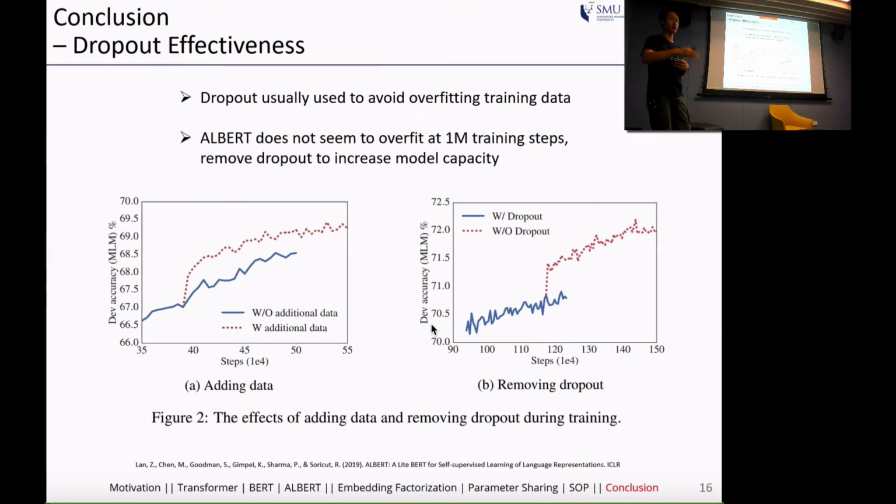So they remove Dropout and they continue training the model. The intuition is that since ALBERT is not overfitting to the training data, by removing Dropout, you increase the capacity of the model to learn, and then you can achieve better results as compared to if you use Dropout. So over here, without Dropout, you get better accuracy. With Dropout, you don't get such a good accuracy.